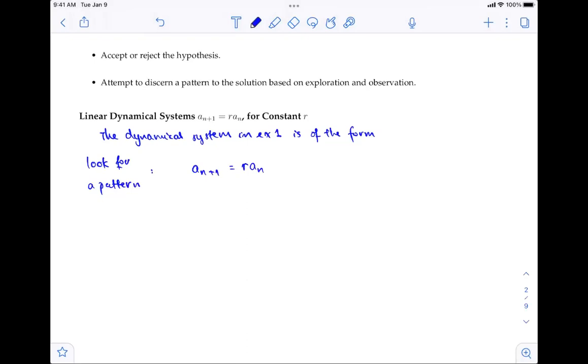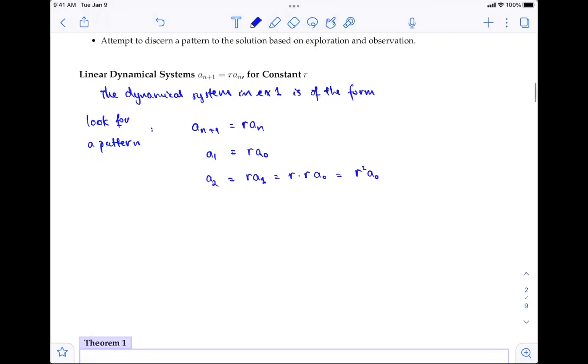And then you can start with a1 is equal to r times a0, a2 is equal to r times a1, or you can replace a1 by r times a0, and you get r squared times a0. A3 is equal to r times a2, or you can replace a2 by r squared times a0.